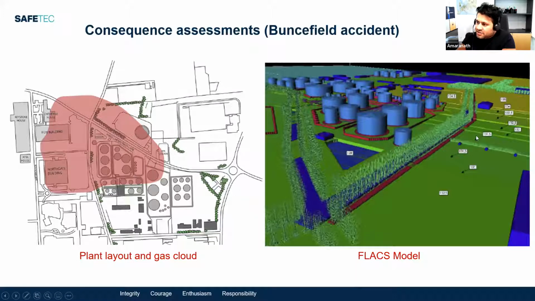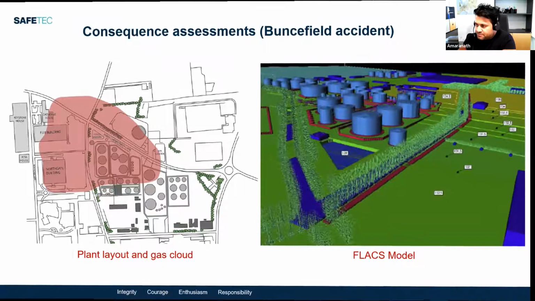So several institutions have performed investigations on this accident. And it has been quite important to, for example, include all the trees at the fence of the installation to predict the realistic explosion loads that they have experienced.